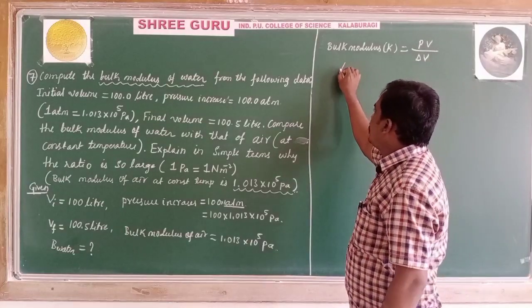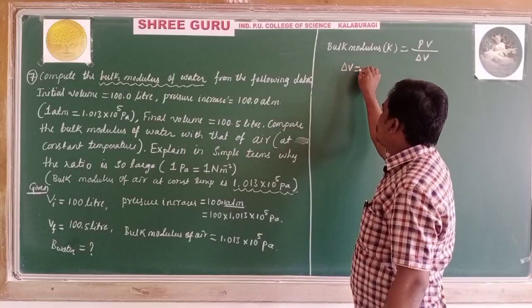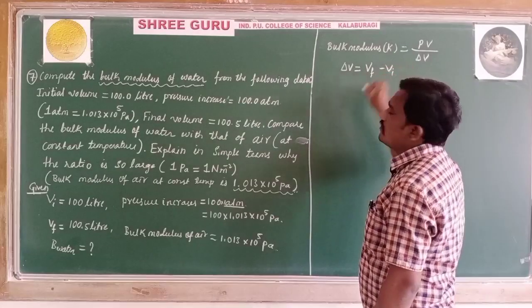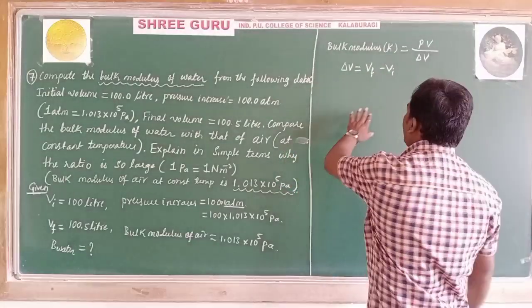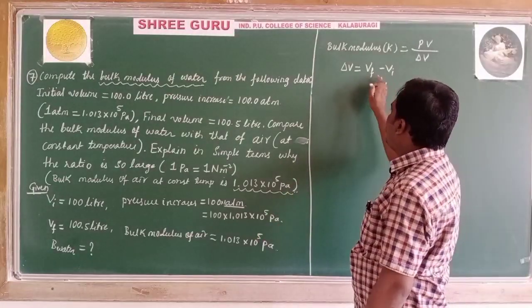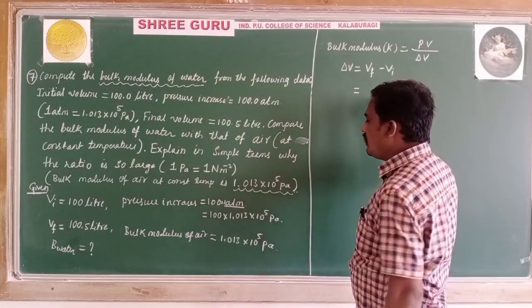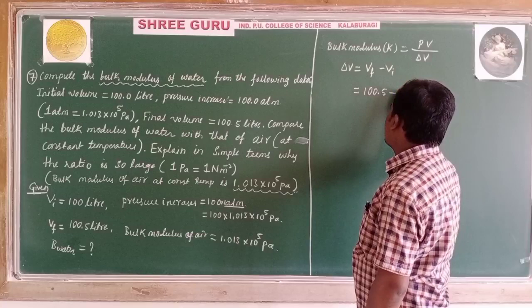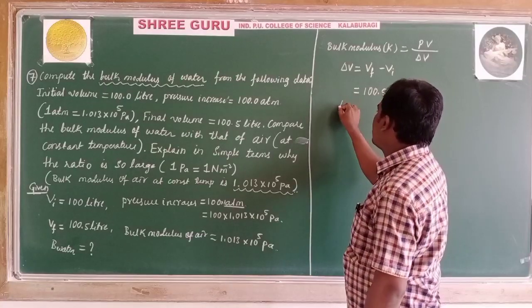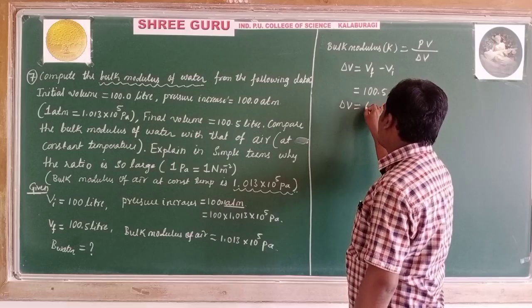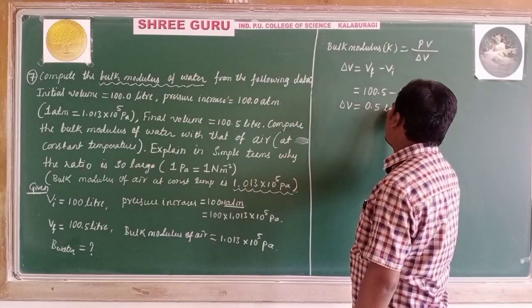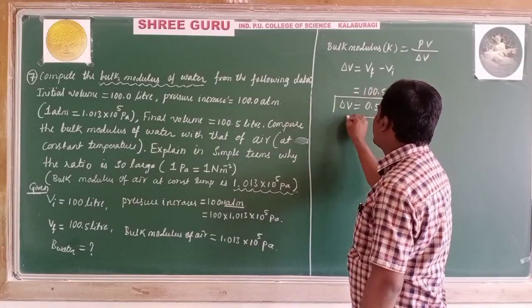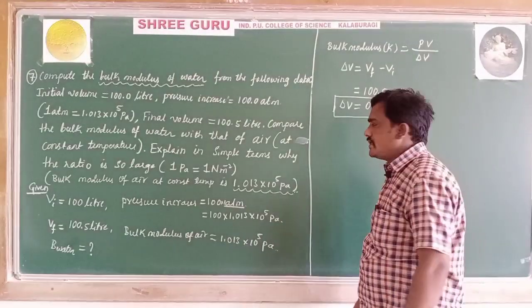We know the general formula for change in volume: final volume minus initial volume. What is the final volume? That is 100.5 liters minus initial volume of 100 liters, so delta V is equal to 0.5 liters.